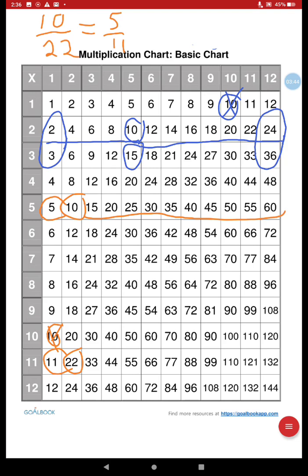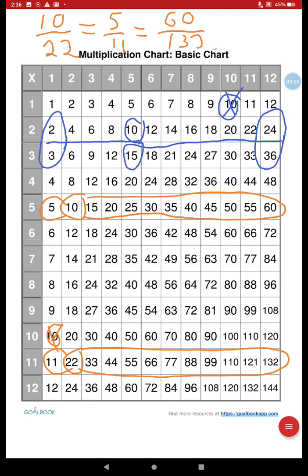All of these are going to be equivalent. So even all the way up to 60/132. So 60/132 equals 5/11 equals 10/22. So use your multiplication chart to help you simplify fractions.